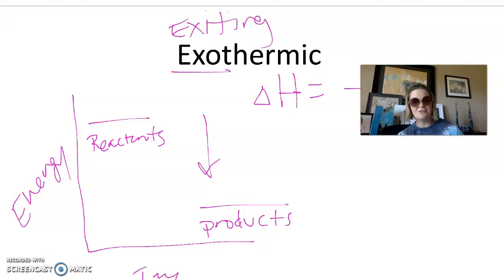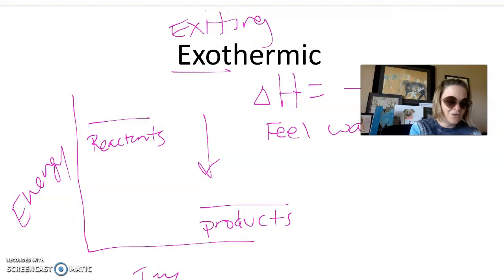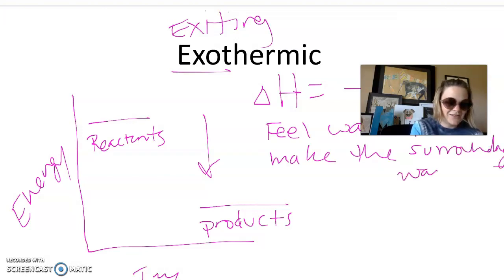Now picture, if you were holding a reaction and it is giving off energy, what would that feel like for you? Would it be getting cold if the reaction was giving heat off to you, or would it feel really hot? Exothermic reactions tend to feel warm, or you'll hear me say they make the surroundings warmer.